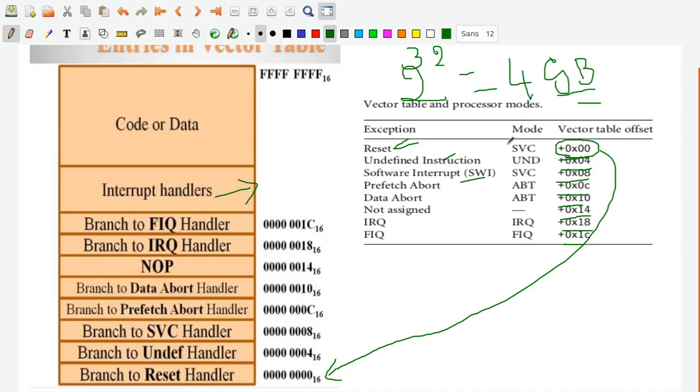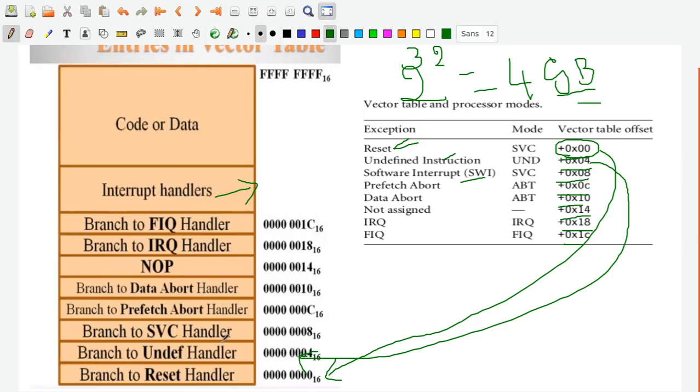Now just observe here, the branching instruction for the reset exception is there in this starting address, 0x00000000. For the second vector table entry, the branching is to the undefined handler, that is, the branching instruction for the undefined instruction exception.